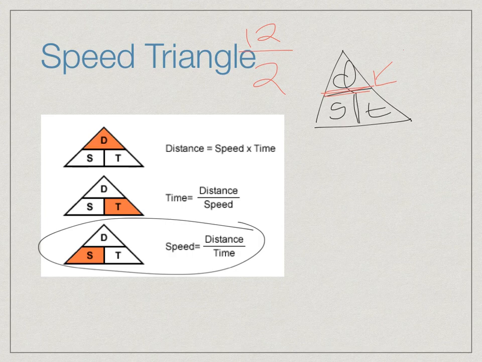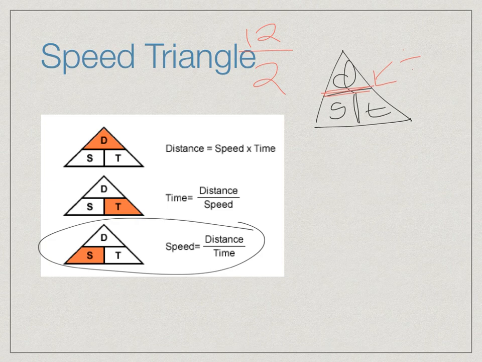I like to think of this line right here as a division symbol. So that means that if I had the distance and I was solving for maybe the time, I would have to do distance divided by speed. See here? Or maybe I had the distance and I have the time. I need to do distance divided by time so I can find the speed.